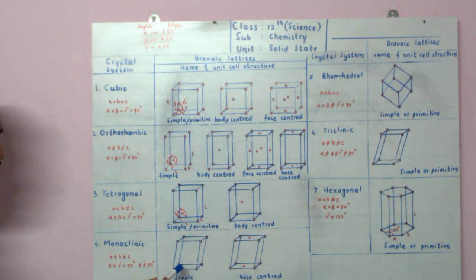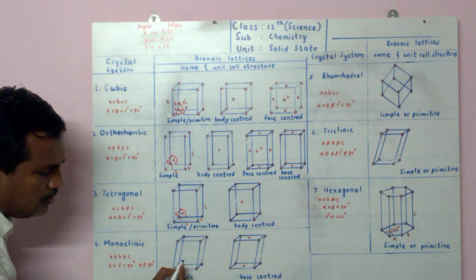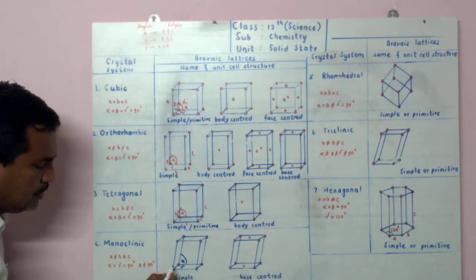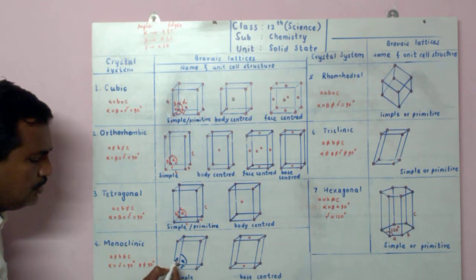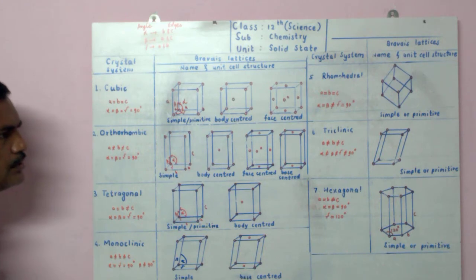These angles alpha and gamma are 90 degrees, but beta is not equal to 90 degrees. It is of two types, simple and base centered.